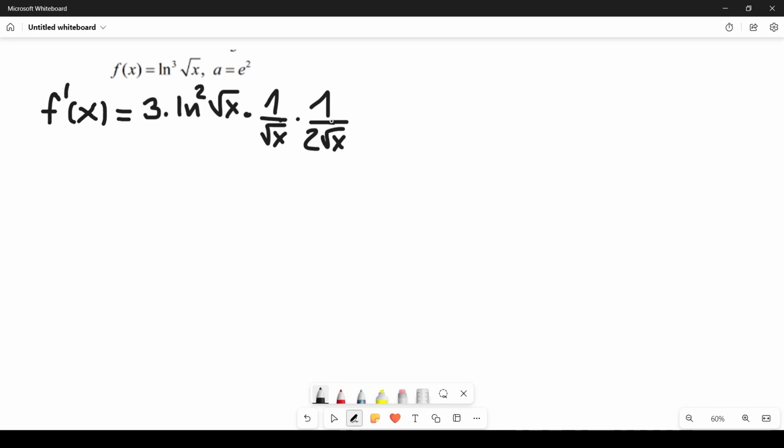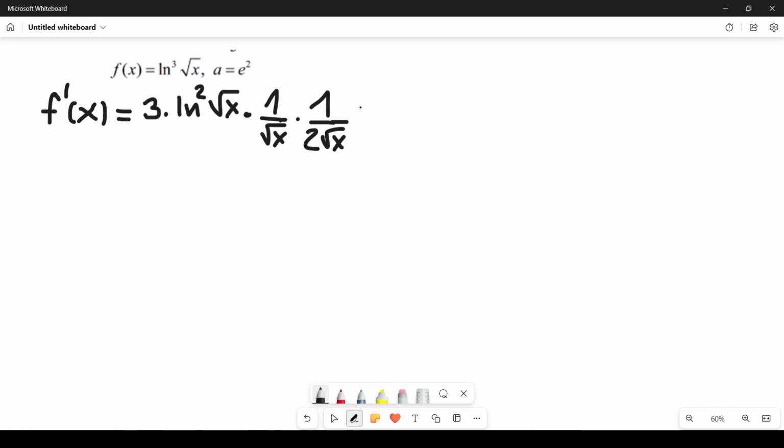We got that from the inner function, because when we find the derivative, we have to get the first thing, its derivative, and multiply it by the inner function itself and its derivative, not only the square root of x.